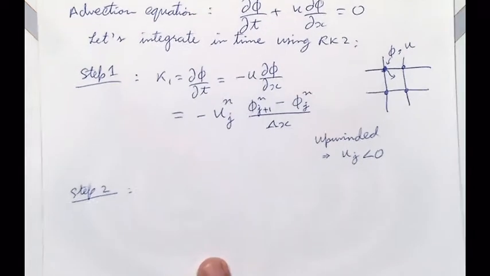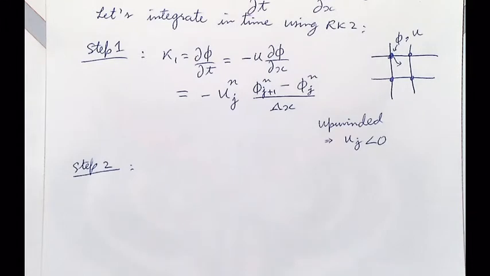So we can basically do the same thing we did for our 1D channel case. What would the next step be? Find k2. For finding k2, what do we need? Phi at next time step. Yeah, exactly. We need phi at n plus half, right?